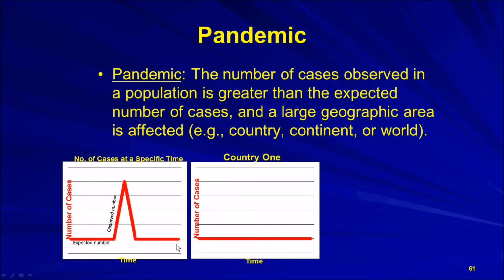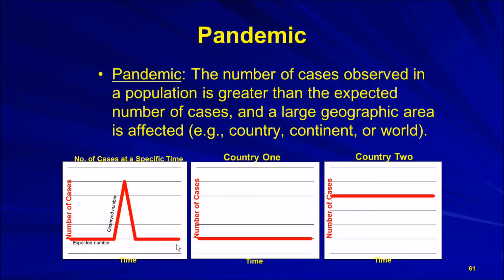And this shows country 1 and this shows country 2. So the pandemic would be occurring in country 2 and country 1 would not be influenced. So there's a couple of ways of showing it, and that's all I'm trying to get across here.